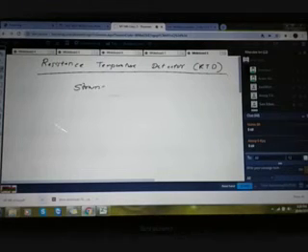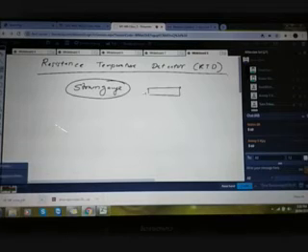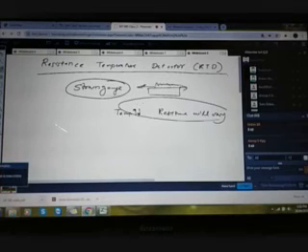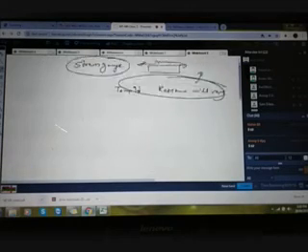In strain gauges, when strain is applied, the resistance will vary. In the same way here, when there is a temperature difference, the resistance will vary. That principle is used here. Here also we are using the Wheatstone bridge circuit.